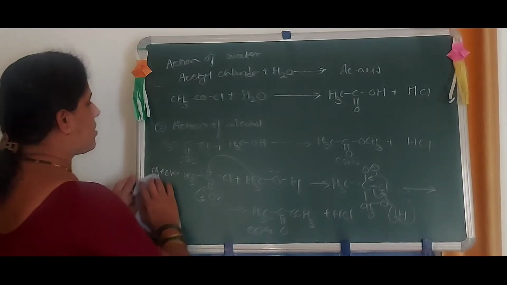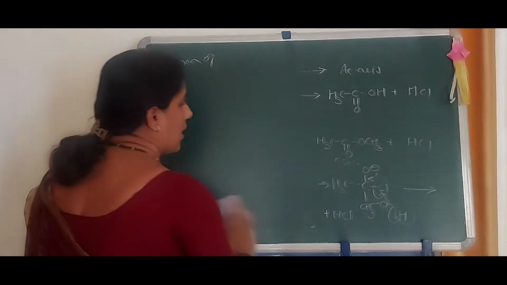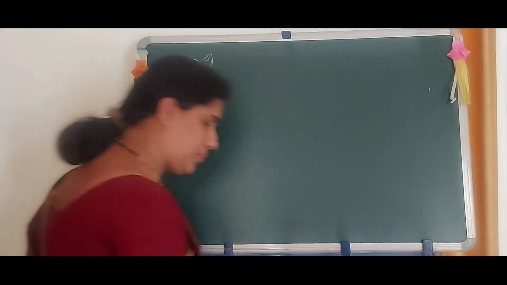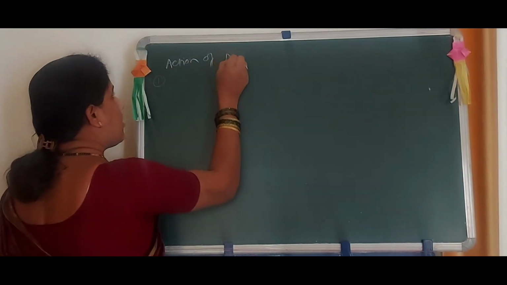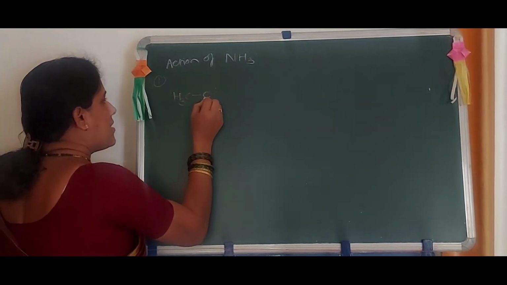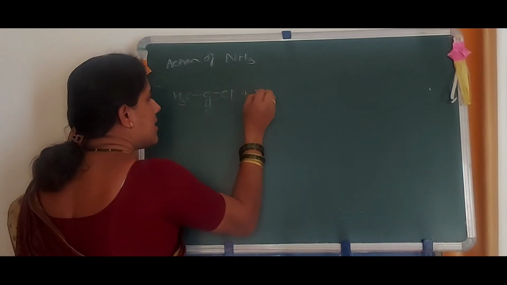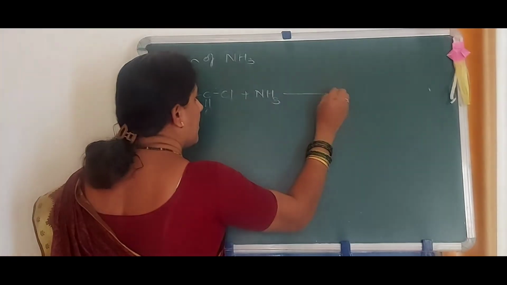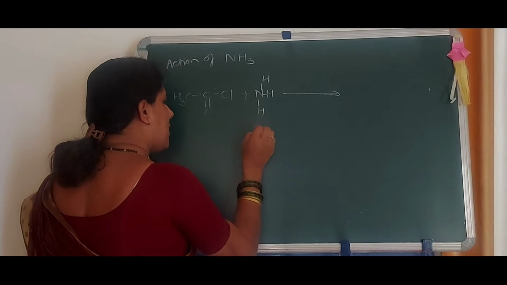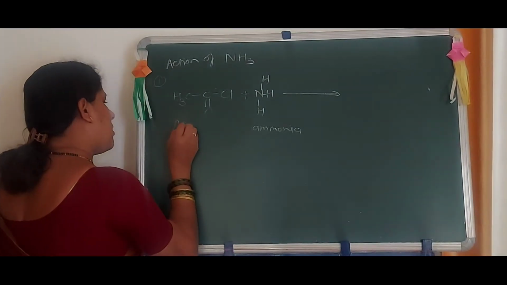The next and last reaction is the action of ammonia. CH3COCl plus NH3. This is acetyl chloride.